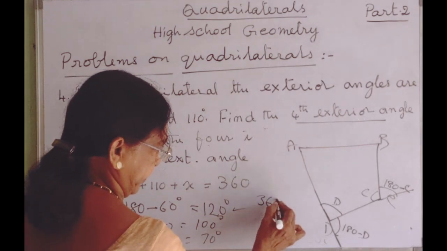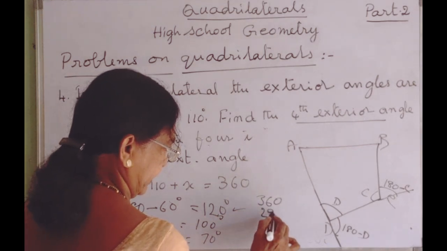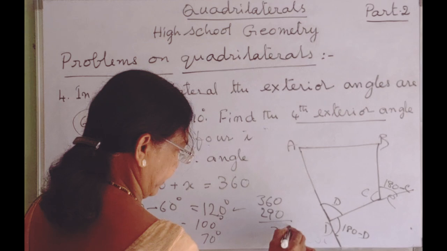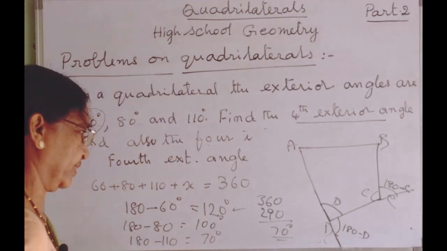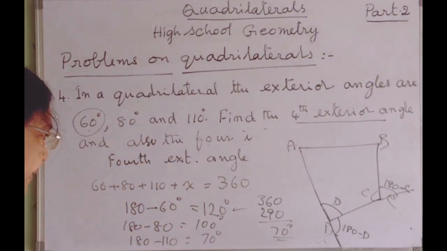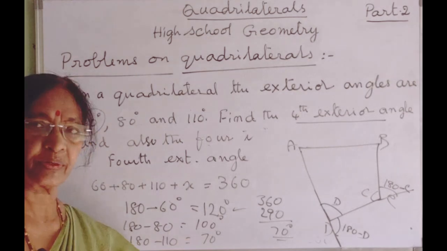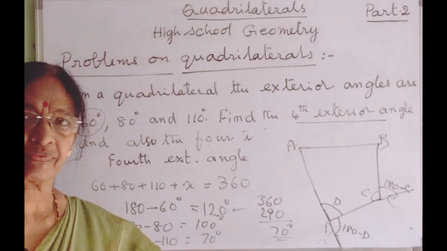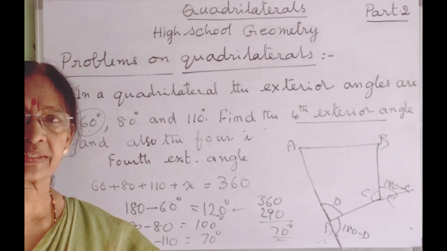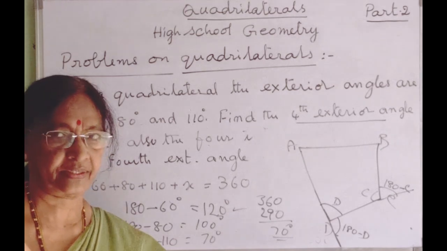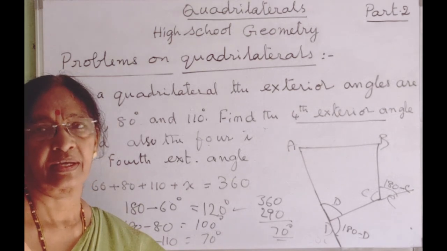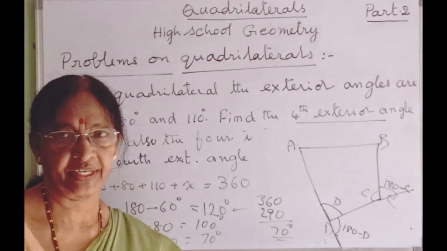So 360 minus 290 is equal to 70 degrees. So the fourth one is 70 degrees. So remember that the sum of the interior angle and the exterior angle at the same vertex is equal to 180.